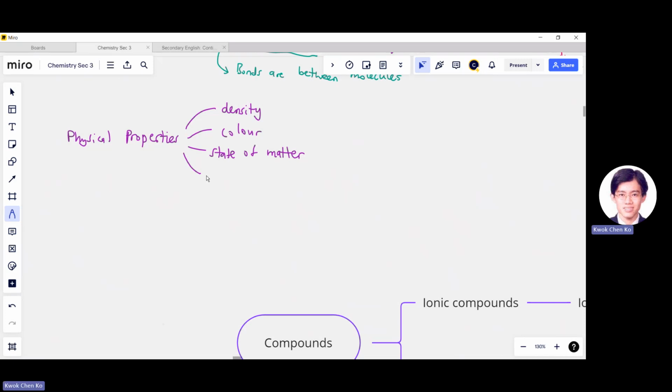And I want you to highlight this one, melting and boiling point. Anytime you're asked about physical property, think about this first.